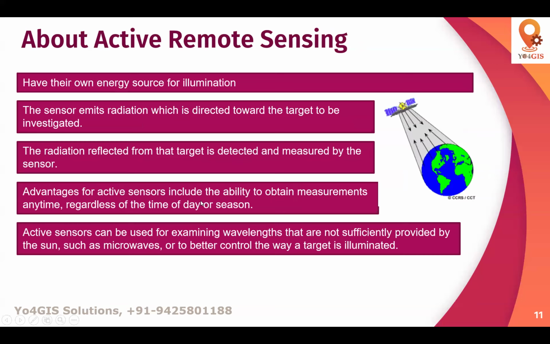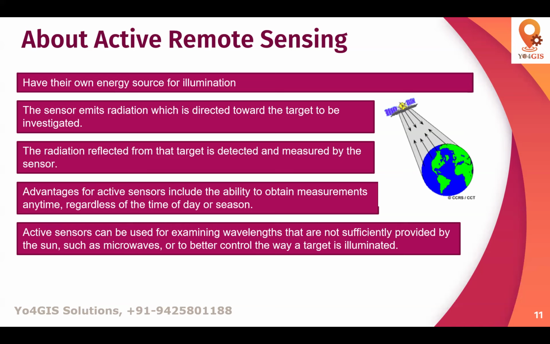Now, after that, coming to active remote sensing. Active remote sensing is the same thing as when you have the flash. If you have the flash, you can take the photo anytime, day or night, it doesn't matter. Why?